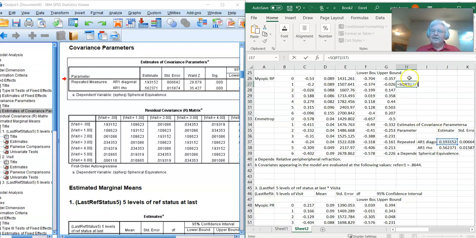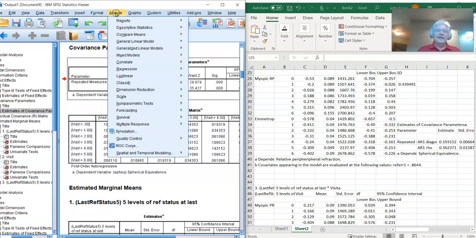Now we have a standard deviation. Yes, I need the Ns. What a pain in the neck. Okay. And that's descriptive. So let's go in and analyze.